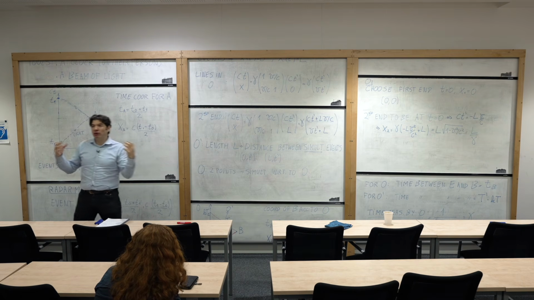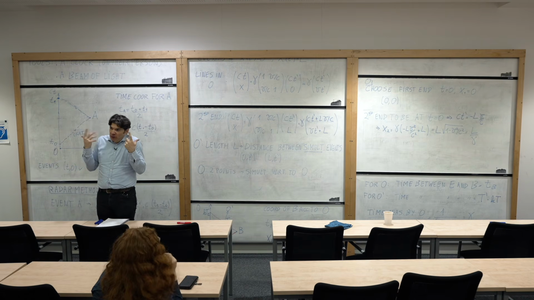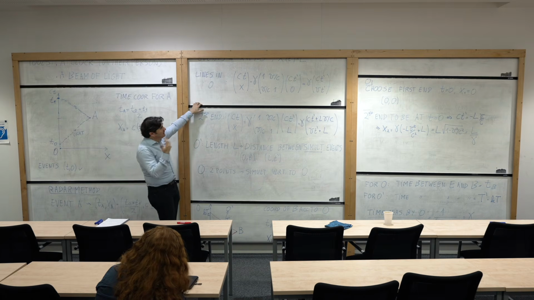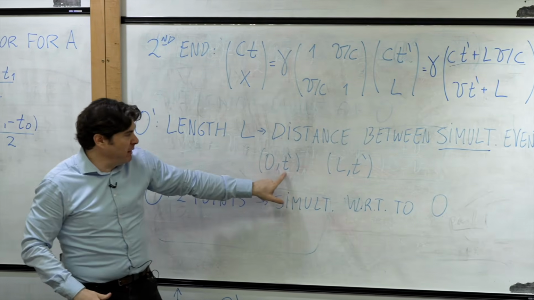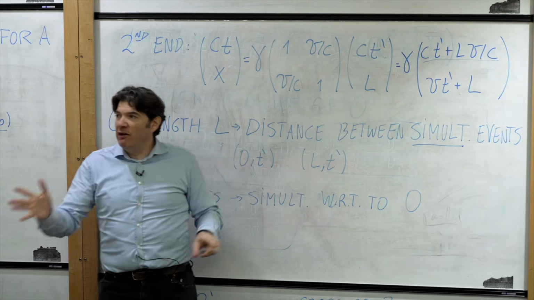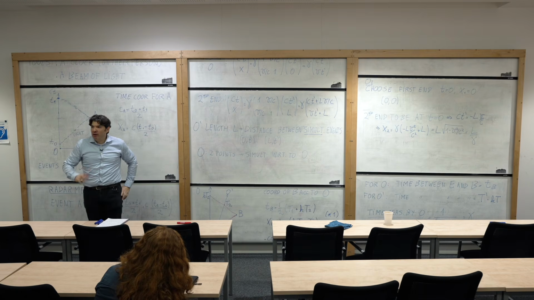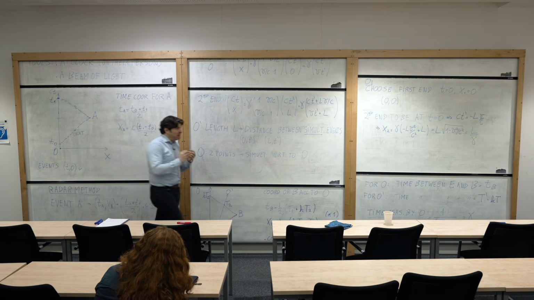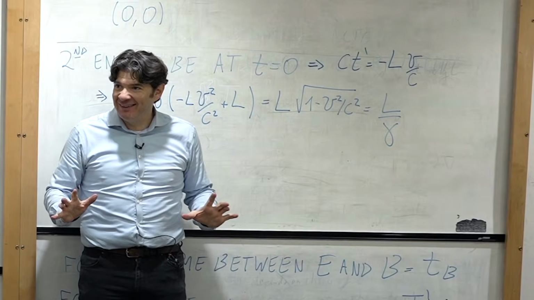But simultaneous for O and simultaneous for O prime are two slightly different things. Because simultaneous for O prime means that t prime is the same, while for O it is a bit different because it means t has to be the same, not t prime. Is that okay?